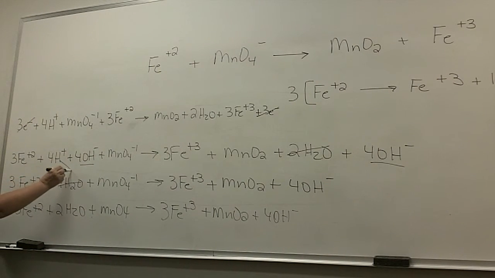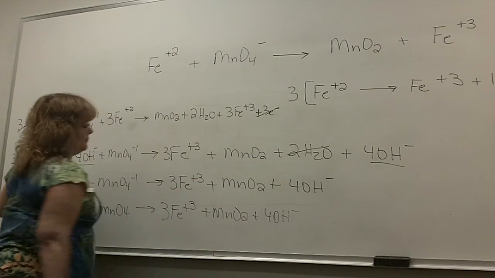This came from this. And just like in algebra, whatever I do to one side, I have to do to the other. I combined like terms with this and this.